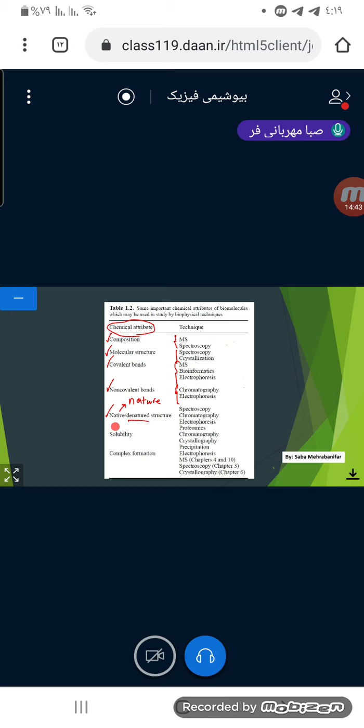When we want some data about the native or natural structure, for example, someone gives me a protein and asks me to detect whether this protein is native or not, I can use these techniques: spectroscopy, chromatography, electrophoresis, proteomics.